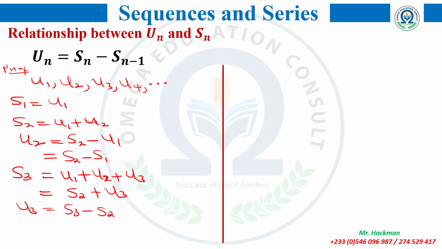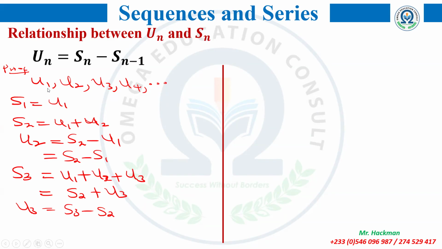Who is lost and wants me to come again? Okay, from where? From S sub 3. What is the meaning of S sub 3? The sum of the first three terms, am I right?